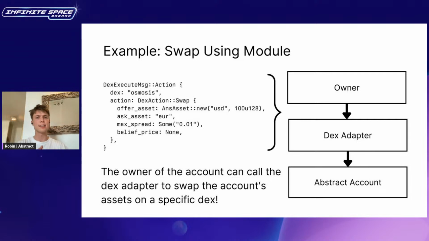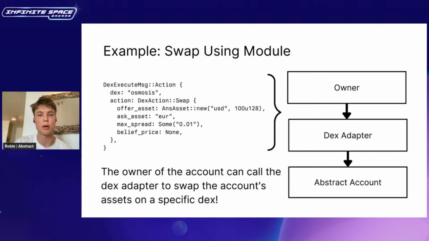So as an example, I'm the owner of this abstract account, and I want to swap some tokens from some US dollars to euros. What I do is I call this DEX adapter. I say, hey, for the exchange Osmosis, which is the biggest Cosmos DEX right now, I want to do an action and I want to swap.